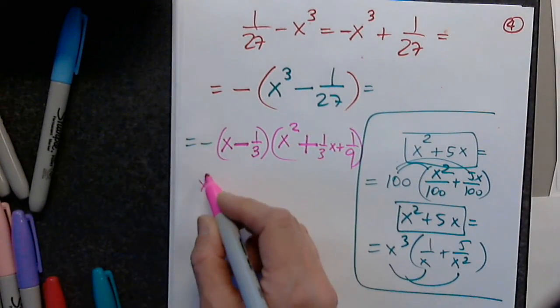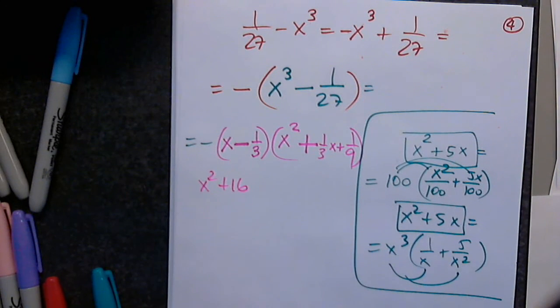Okay, let's look at x squared plus 16. What type of polynomial is this? Binomial. Is it in descending order? Yes. Greatest common factor in both? No. Negative leading coefficient?